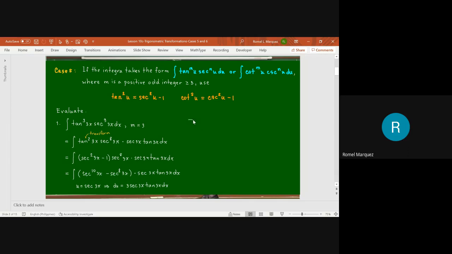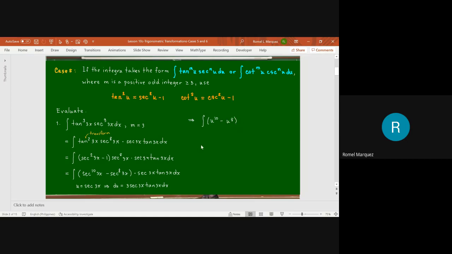So we get the integral of, this is u. If you want, you can transform it into u to the 10th minus u to the 8th.